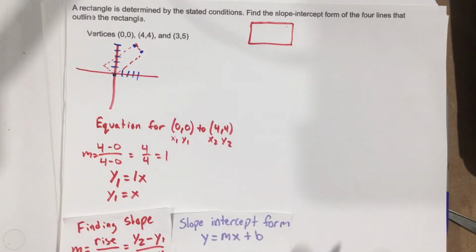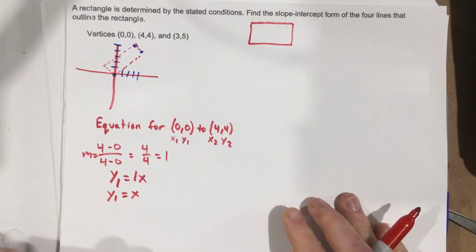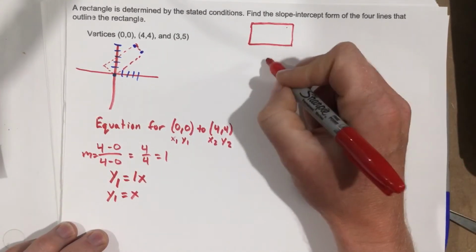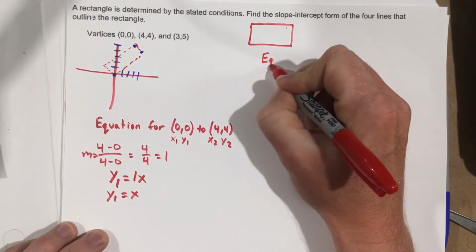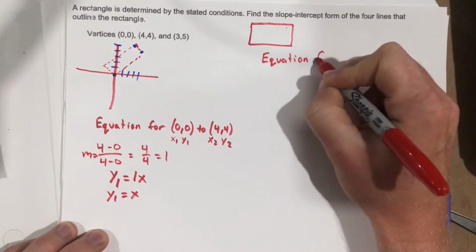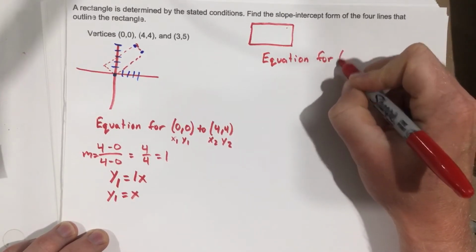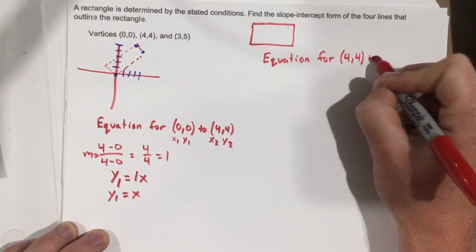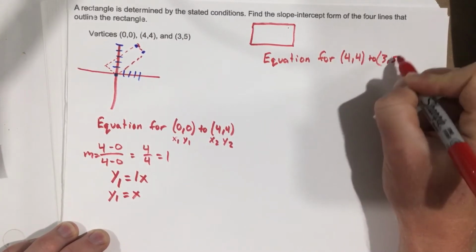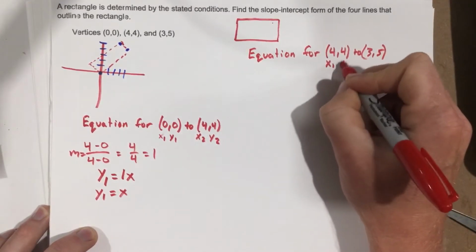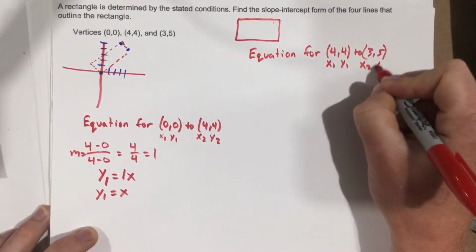Okay, so let's find the equation for the line between 4, 4 and 3, 5. We'll call this x1, y1, x2, y2.